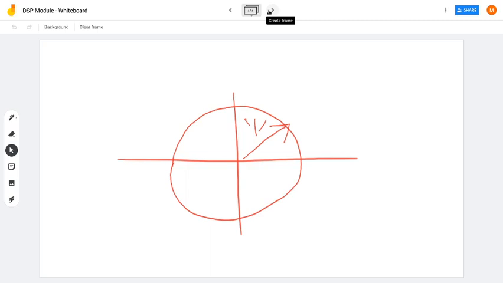Let's assume we have a system whose pole is located over here. This is our pole. For this system, of course, the ROC in this case, we would draw a circle going like this.